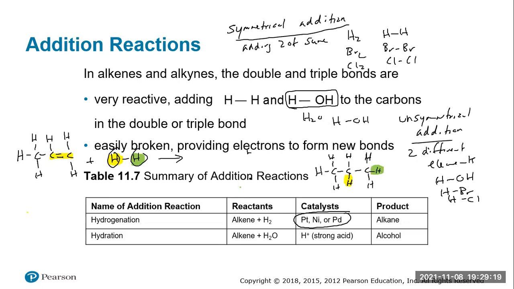And that is all they wrote there. Everything is exactly the same. Double bond became a single bond, one hydrogen to one carbon, one hydrogen to the other carbon. Again, we went from an alkene to an alkane in this case. Any questions on that there?